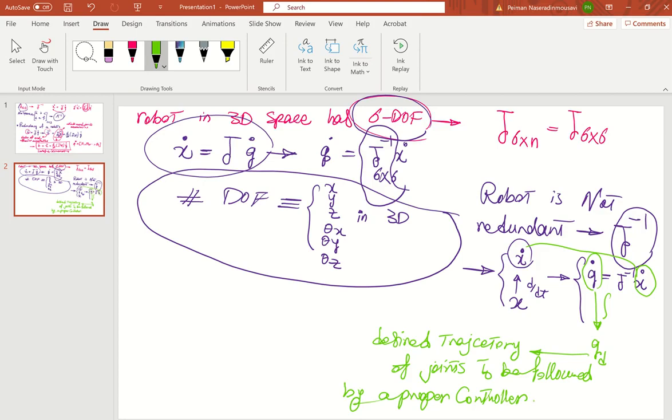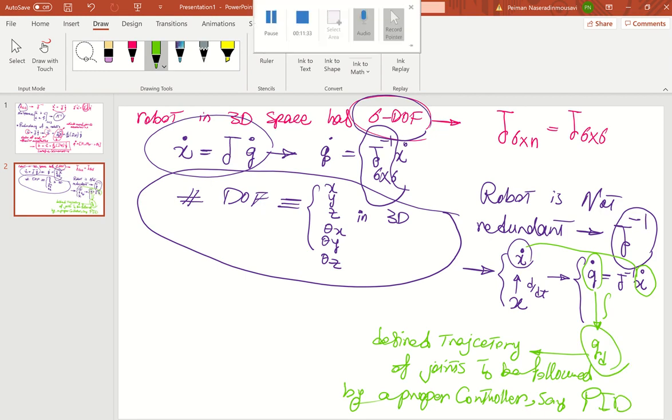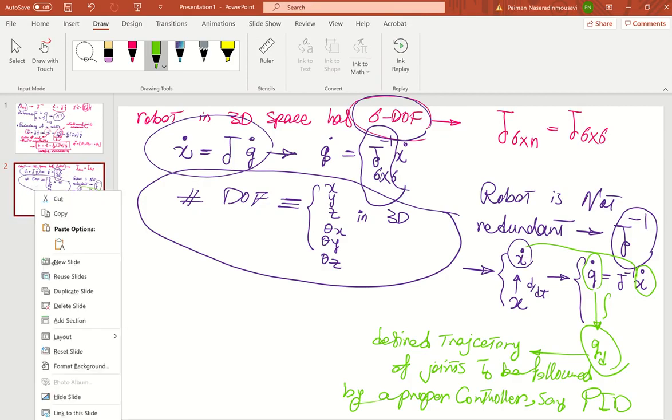By a proper controller, say the most simple case is a PID controller. These are desired trajectories. I'm giving you the whole concept. Is it recording? Yeah, understood.